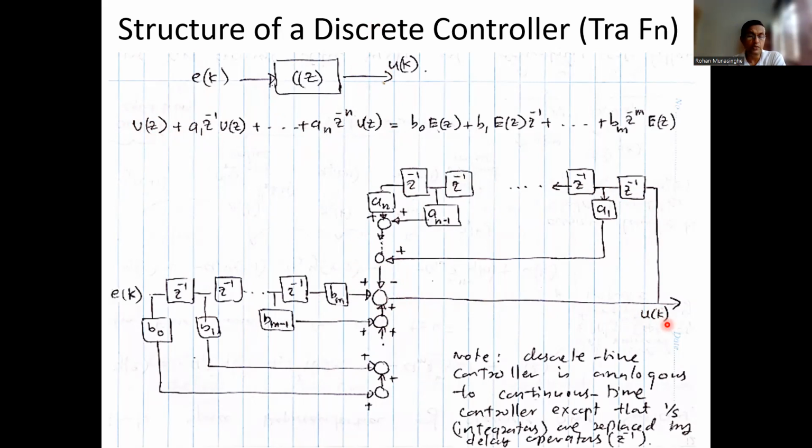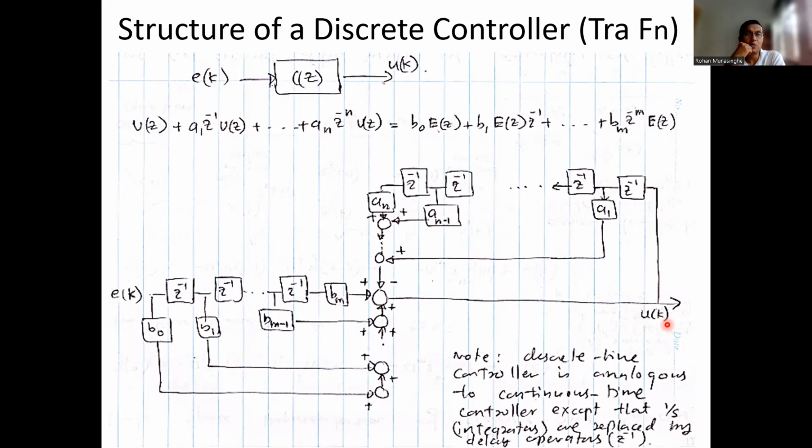Now, if you want to implement this discrete time controller, what does it take to do that? Can anybody tell me, what do we need?